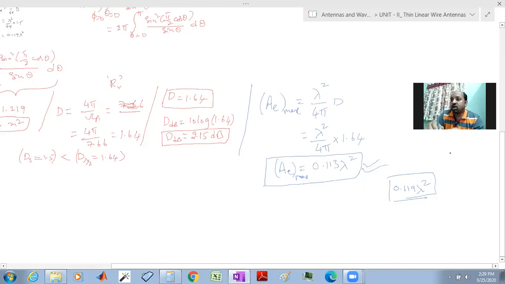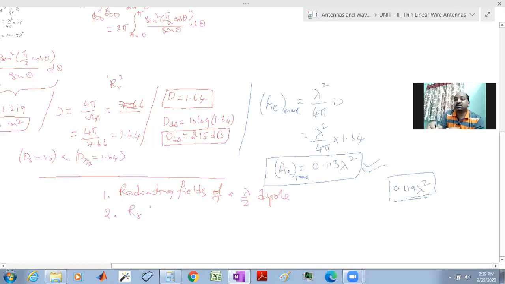Therefore, with respect to the half wave dipole, number one, we have discussed the radiating fields of a half wave dipole. Second, the radiation resistance, which is equal to 73 ohms.